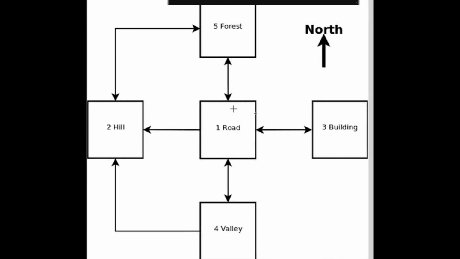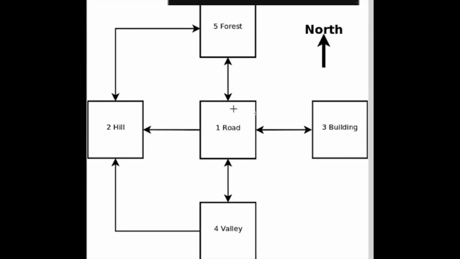Now, we are trying to create a business scenario where we can make use of collections. We have 5 different locations, and including the starting point, that is 0, we have a total of 6 different locations, and every location has different properties. One is the location ID, location name, and also other details like exits.